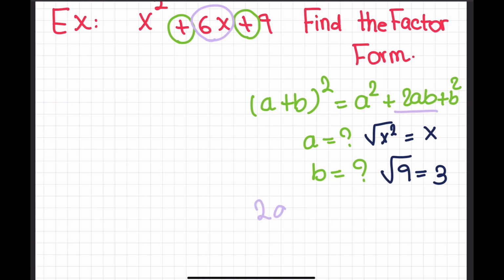So 2ab equals 6x. Divide both sides by 2 to find ab. So ab equals 3x. I have 3 here and I have x here. That means it's correct.